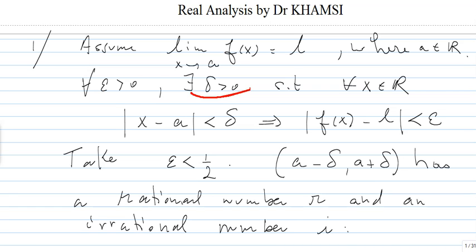The reason is because the rationals are dense as well as the irrationals. In any open interval a, b, with a less than b, we have a rational and an irrational number. So what do we have now?